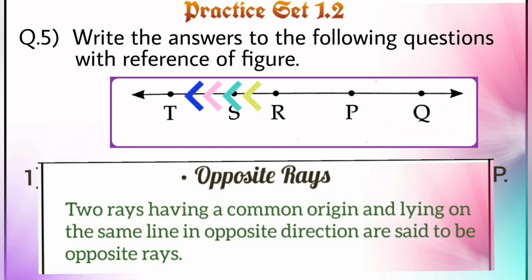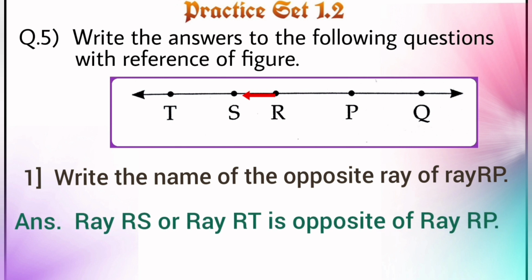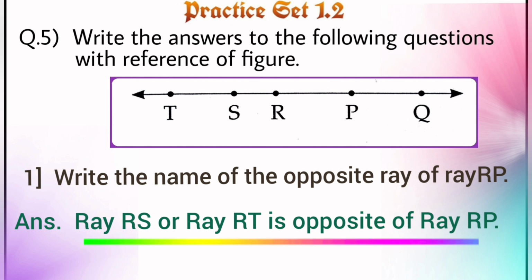There are two rays we can write, RS and RT, and R should be present, because the common origin of both rays is R. The ray in question, RP, starts from point R, so our answer should also have R. So ray RS or ray RT is opposite to ray RP.